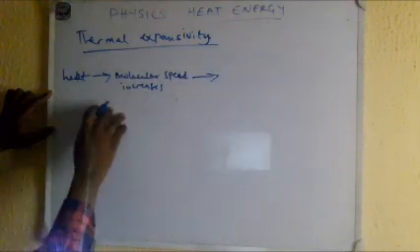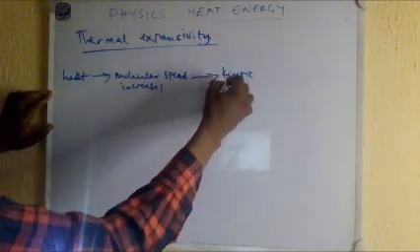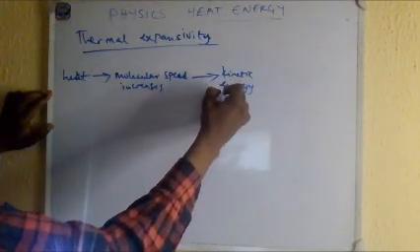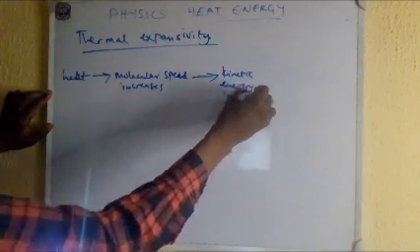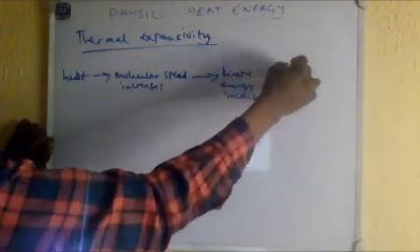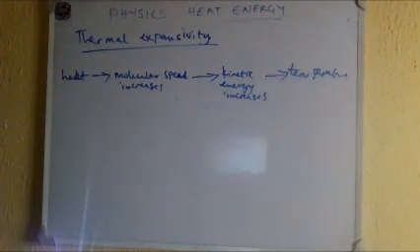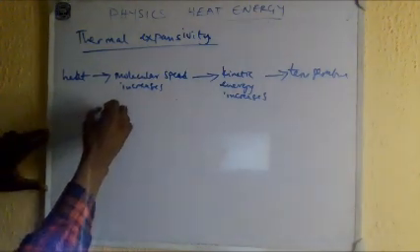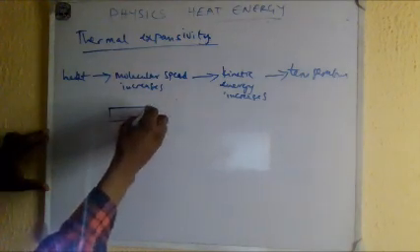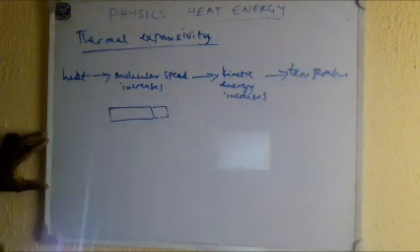Then when the heat continues, kinetic energy increases. And when kinetic energy increases, kinetic energy is actually the movement. You understand? The movement, the energy. So from this energy now, we see that temperature will increase. Okay, so expansivity. If temperature increases, if molecular speed increases, it means that the body, for instance a solid now, will want to assume more space.